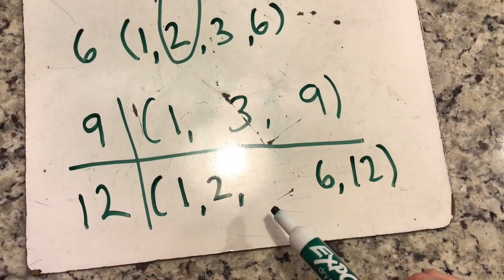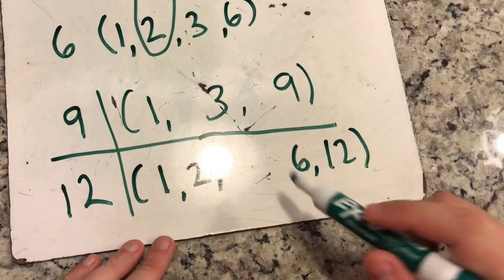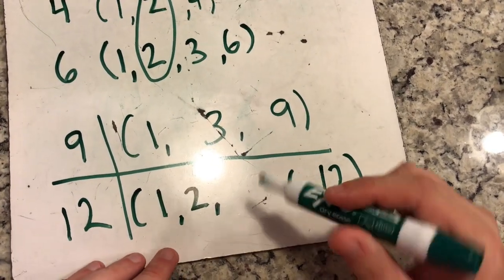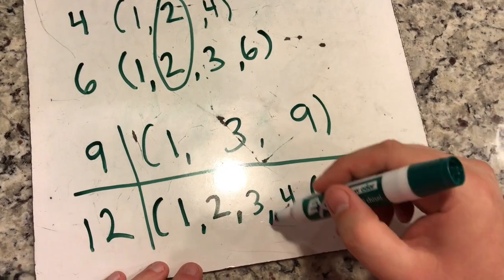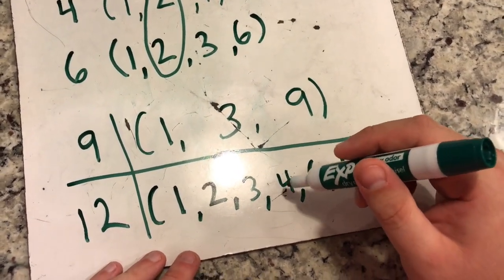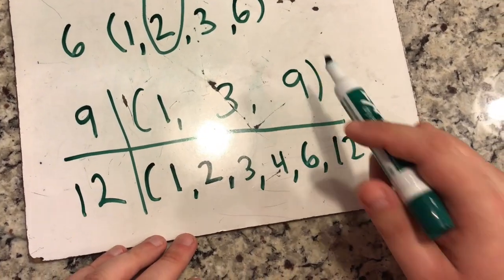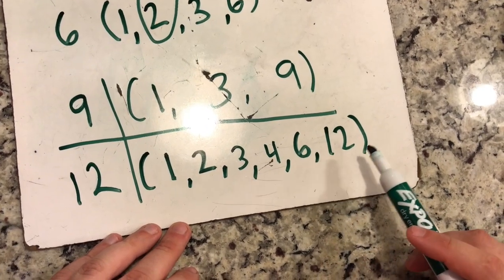So 3, 4, and 5 are possible choices. So does 3 times anything equal 12? Yes, 3 times 4 equals 12. There's now nothing left here in the middle, so we know these are all the factors. So for 9, I have 1, 3, and 9. For 12, I have 1, 2, 3, 4, 6, and 12.